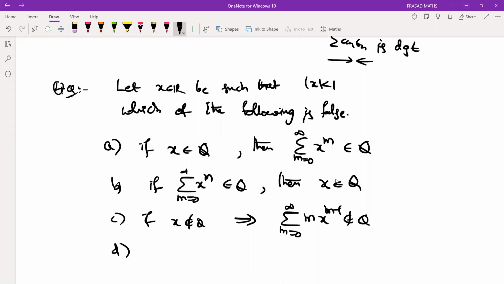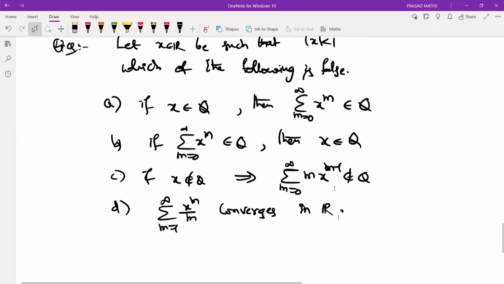D, summation m equals 1 to infinity x power m by m converges in the real numbers. Use the chat box, which is right? Your guess first. What is your guess?